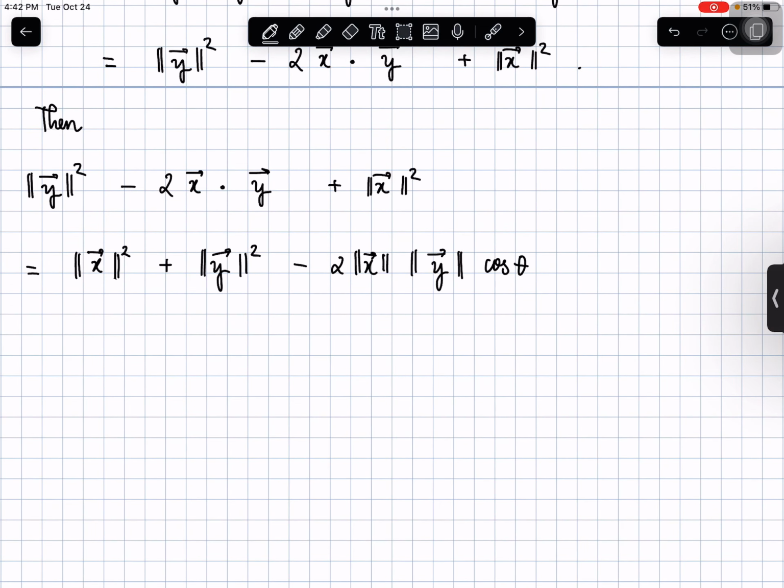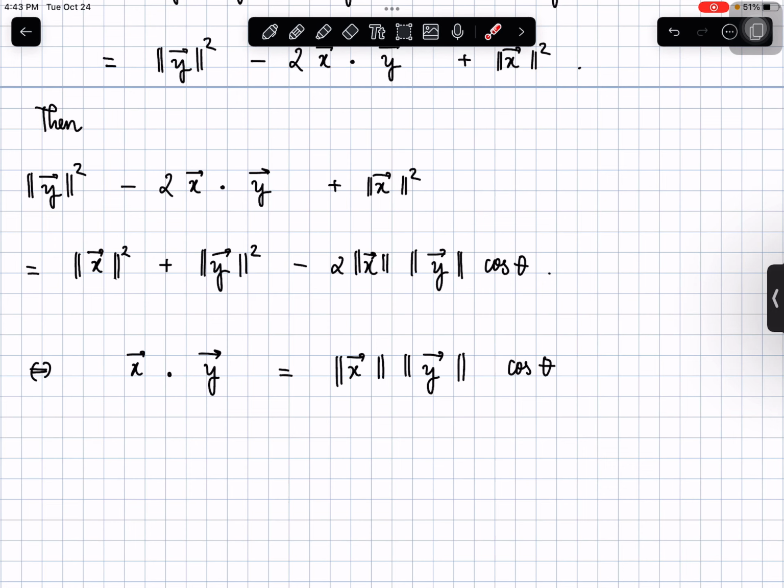This is equivalent to, okay, norm of x squared and norm of x squared, norm of y squared and norm of y squared, cancel, and what exactly we have is minus 2 times x dot y equal to minus 2 times norm of x times norm of y times cosine of theta, right?